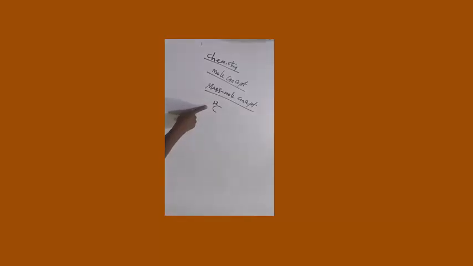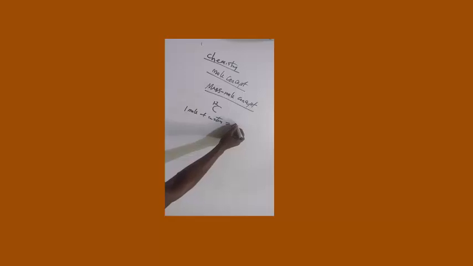Remember, when you say that carbon has an atomic mass of 12, it does not mean that when you get an atom of carbon and weigh it, it's going to give you 12 grams. It simply means that carbon is 12 times heavier than the hydrogen atom, which has the lightest mass. So according to the mass mole concept, 1 mole of carbon or 1 mole of an atom will be equal to its atomic mass.